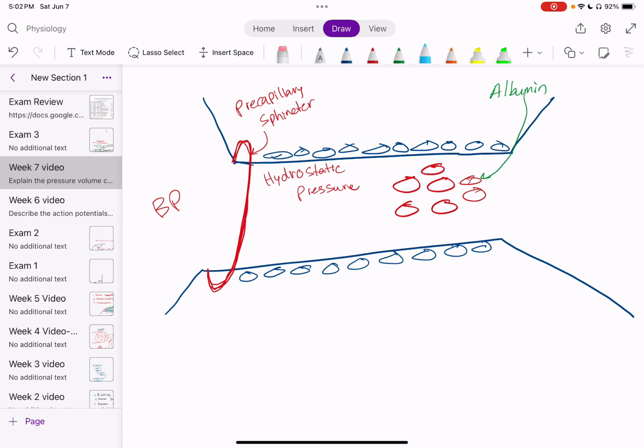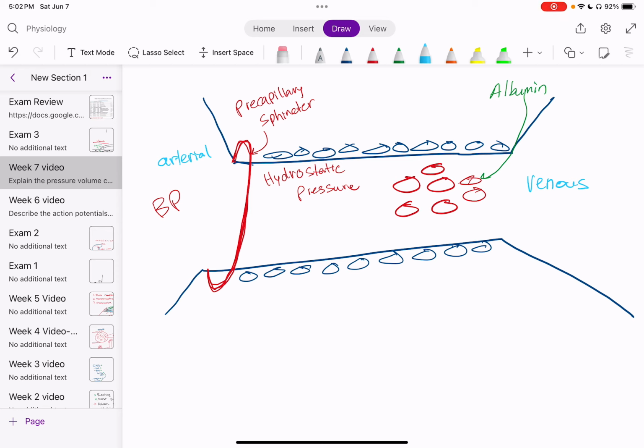And so we have a few values that we refer to as we look at the difference between the venous side and the arterial side. And we'll look at it and see how it changes.